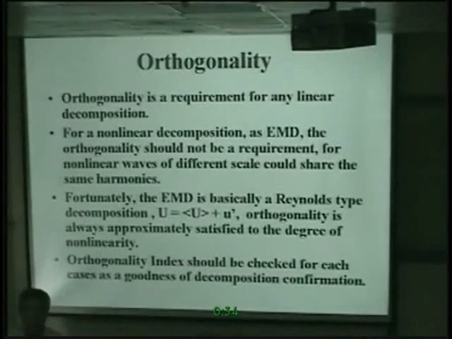For example, you shift to the last few components. Each component has only 2 or 3 waves. Then the orthogonality may not be very well satisfied, because even sine A times sine B averaged, when A does not equal B, sine AT times BT average may not be 0 if you only have a few waves.